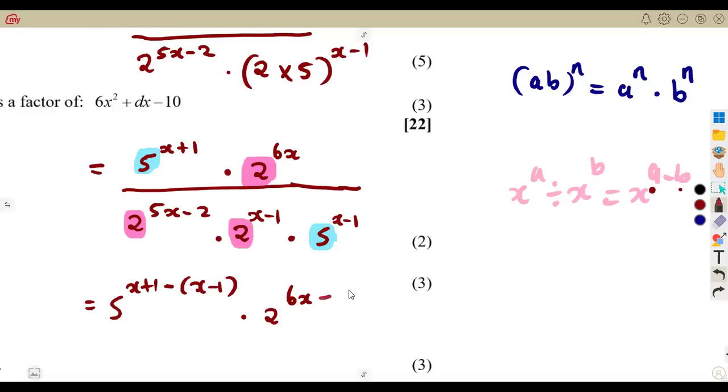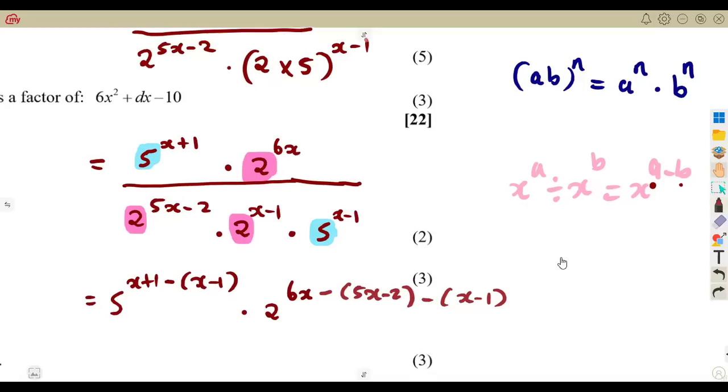We subtract that one, the 5x minus 2. We are supposed to subtract also that one, minus again the x minus 1. That is the idea, because they are to be divided. Divided is divided. Or you could have combined these two first. It's up to you.